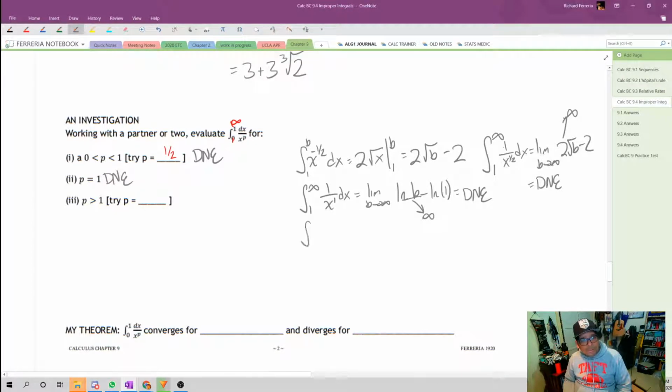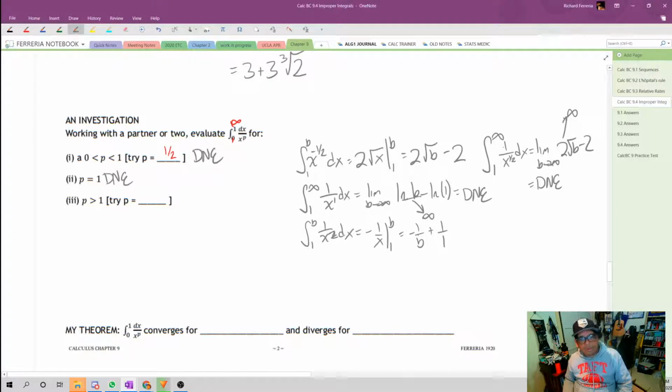So the integral from 1 to b of 1 over x squared dx, that's equal to negative 1 over x from 1 to b, which is going to be equal to negative 1 over b plus 1 over 1. Sorry, 1 over 1. And this should be 1 over b.